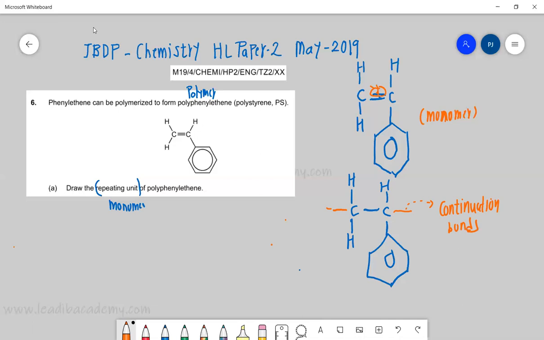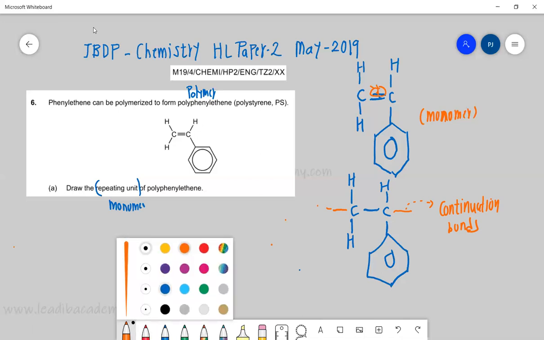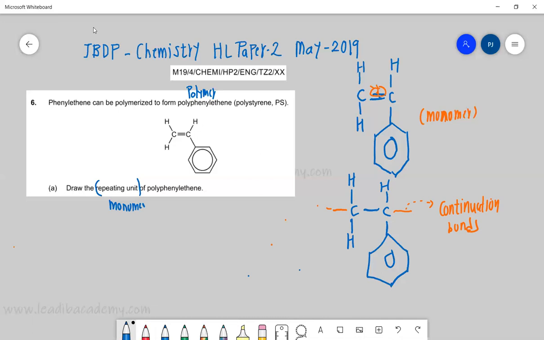Why? Because there will be another molecule, similar looking and identical, and it will get connected to that. Just to make it very clear, there is going to be another monomer, C H, which will get combined, C H H, and again it will get combined.